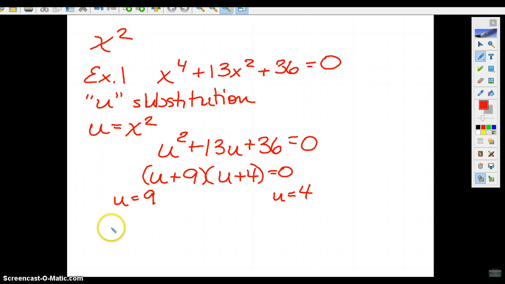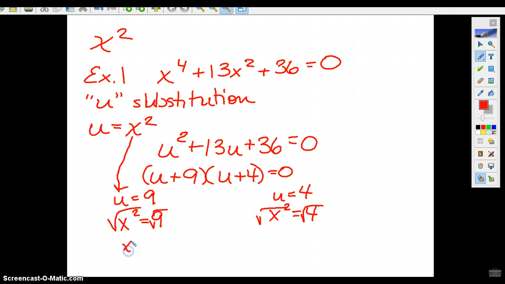So now we have to resubstitute, and instead of u, we go back to our x squared. So x squared is equal to -9, and x squared is equal to -4. And now in our last class, we talked about how to solve this. We would take the square root of both sides.